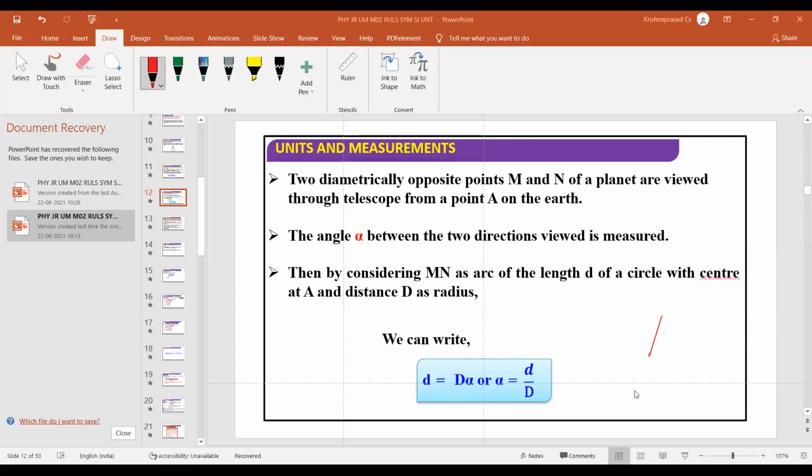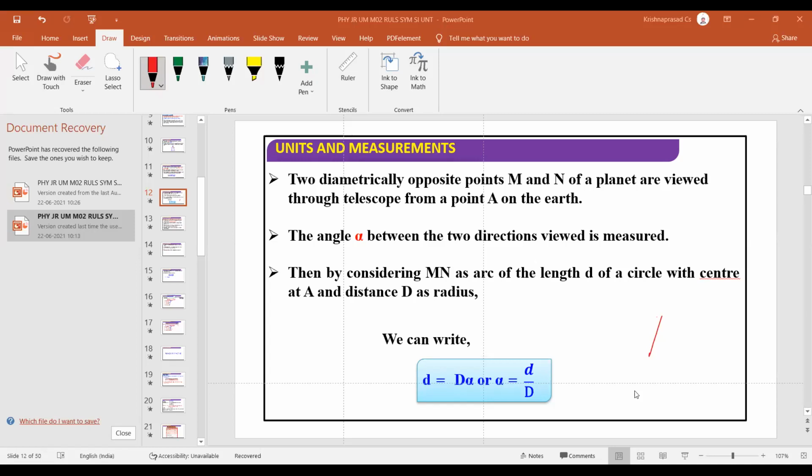You may start writing like this. In the case of the parallax method, yesterday we concluded up to D is equal to b by theta.